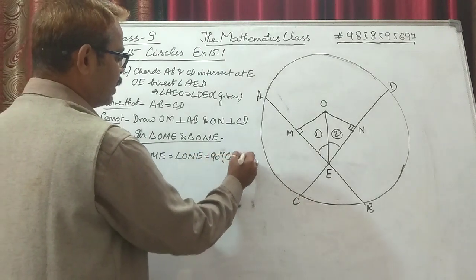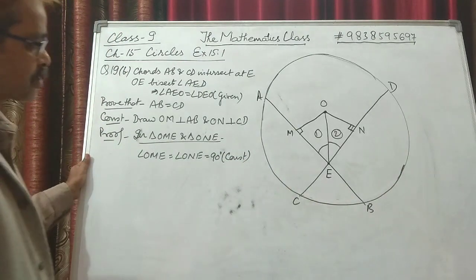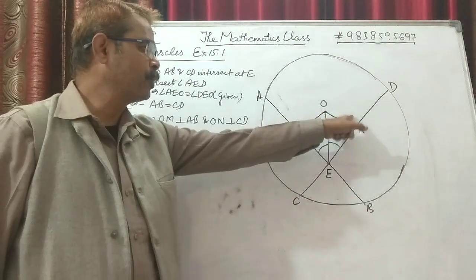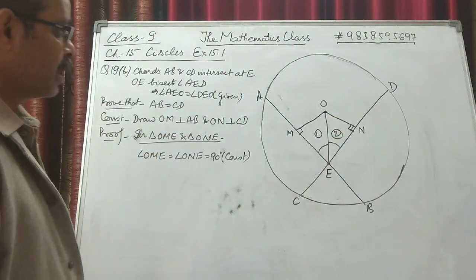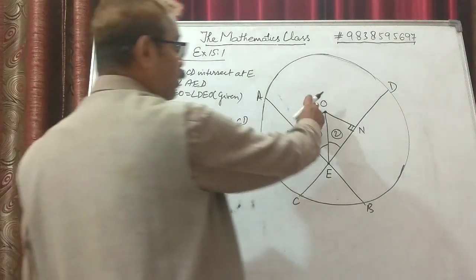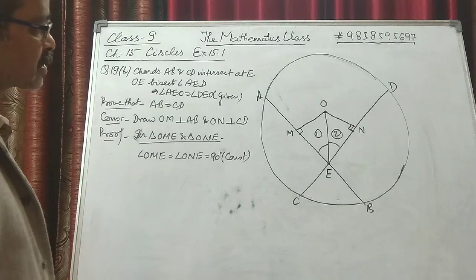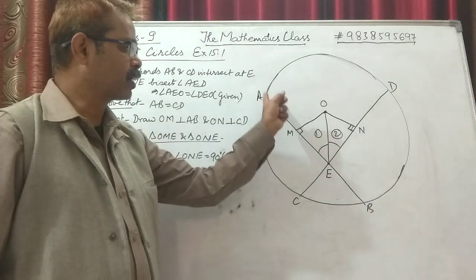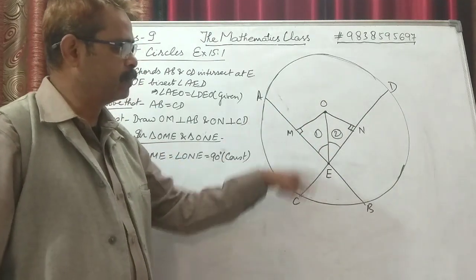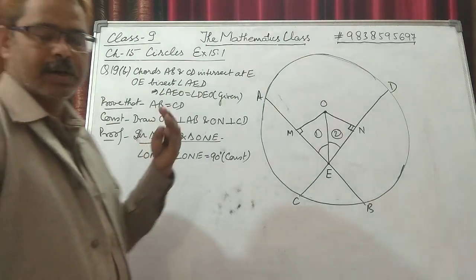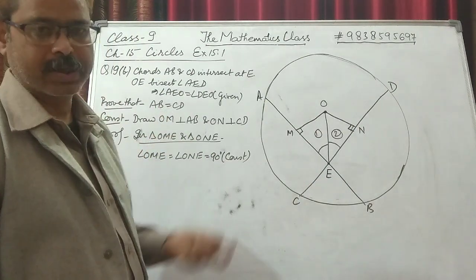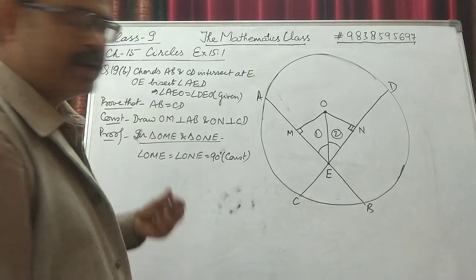Why? Because that is my construction. We have constructed OM and ON perpendicular, and we will be proving that OM is equal to ON. If OM and ON are equal, it means the distance of both the chords AB and CD from the center is equal. Then obviously the chords will be equal.